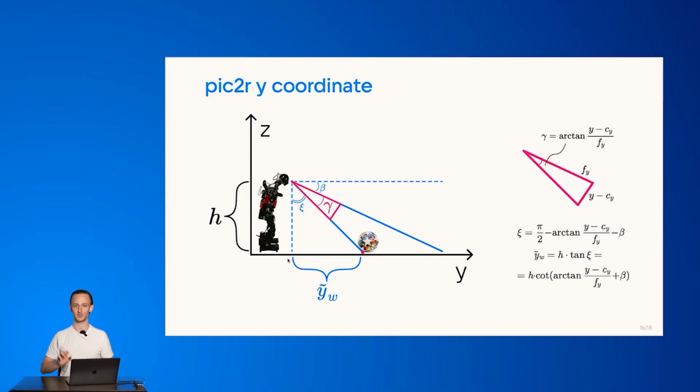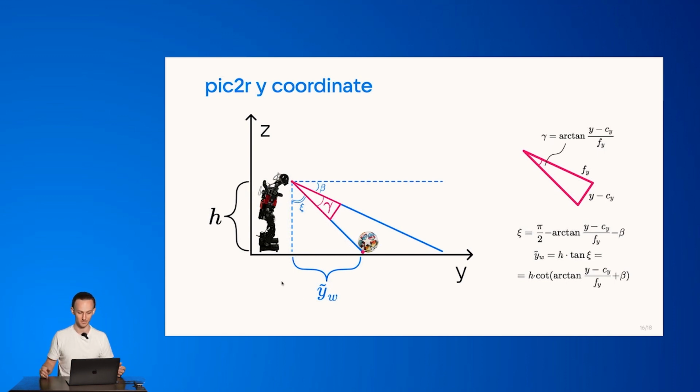Let's imagine that I'm a robot, so x-axis is to the right, y-axis is straight, and z-axis is to the ceiling. So here, first of all, we are going to calculate the distance along the y-axis. How can we do that? Well, we can check this scheme, and the angle psi, if we will be able to calculate it, will allow us to find out this y hat sub w from the height of the robot.